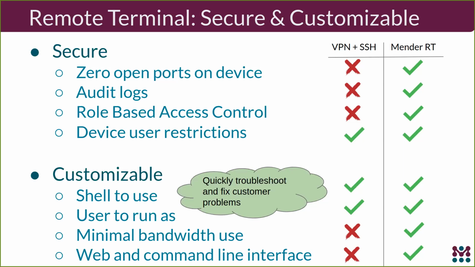Of course, you can always implement these features on top of SSH, like an audit log probably, but what we're trying to do is to help you avoid building homegrown solutions.